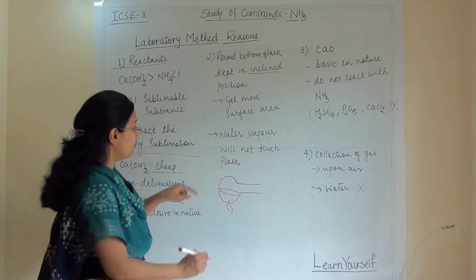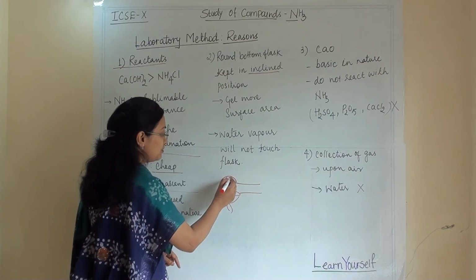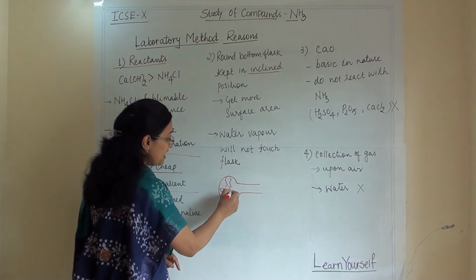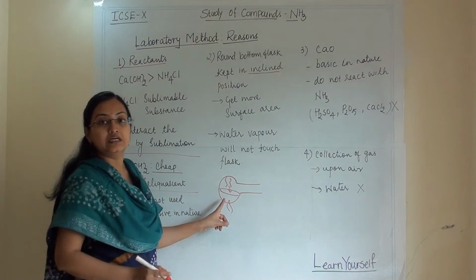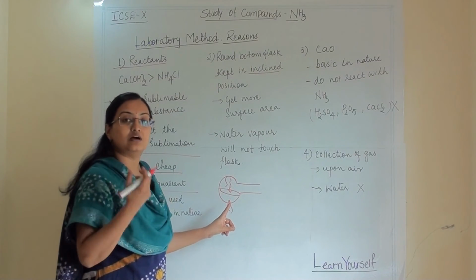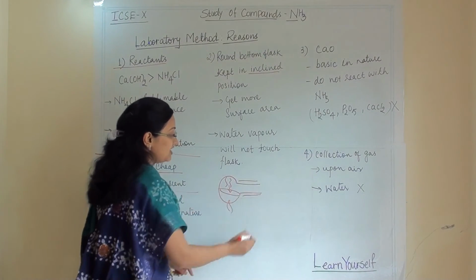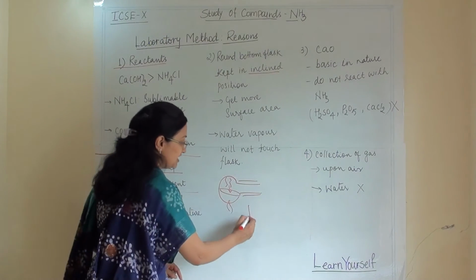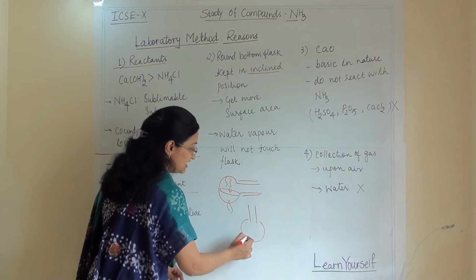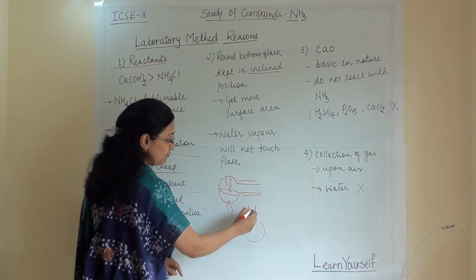Second, the water vapor that goes up will drop down into the reactant mixture again. It will not touch the flask anywhere over here. If you keep it straight, then the flask will be hot from here.